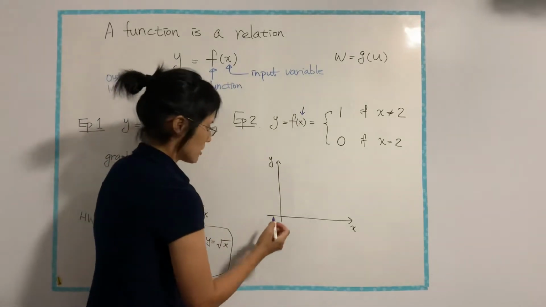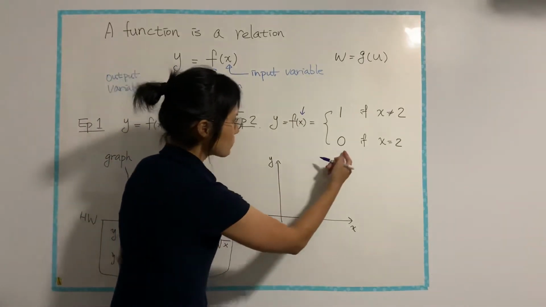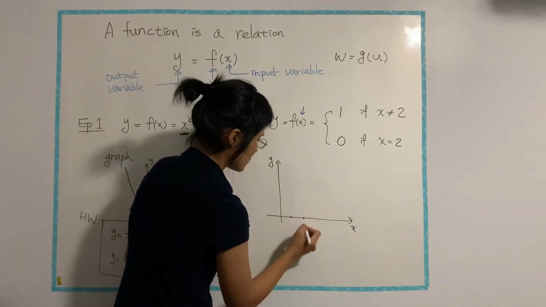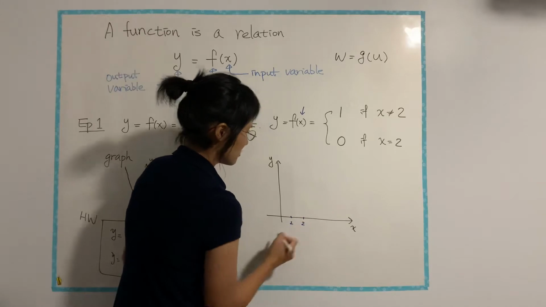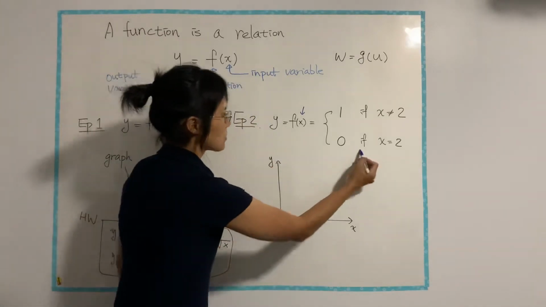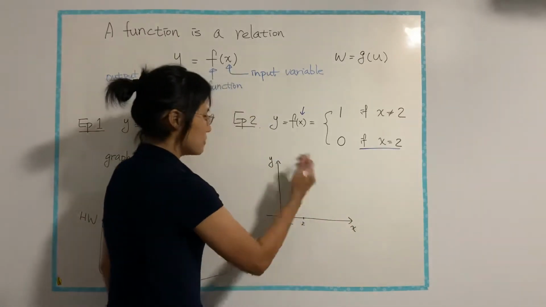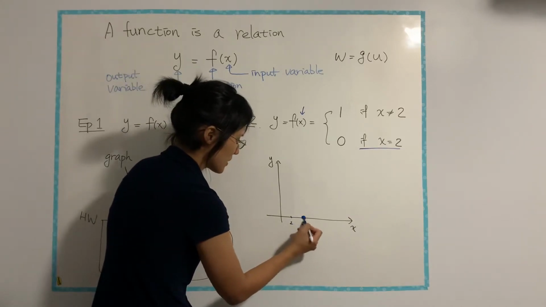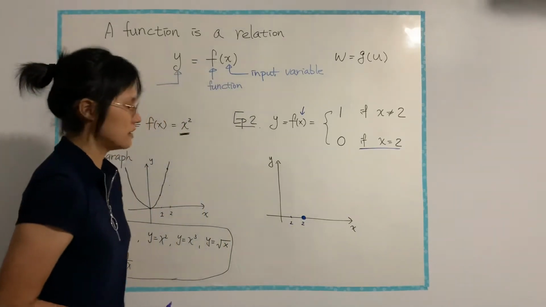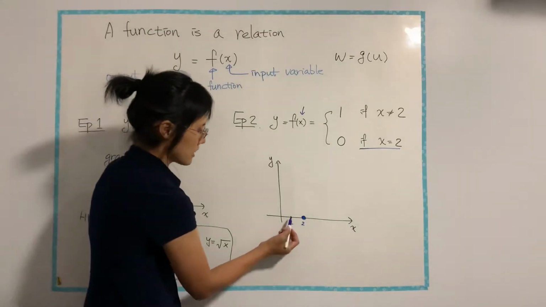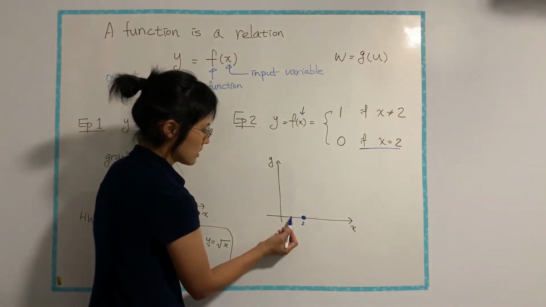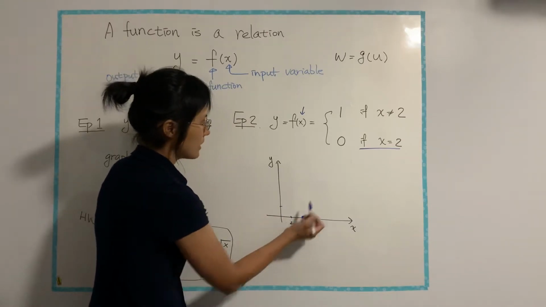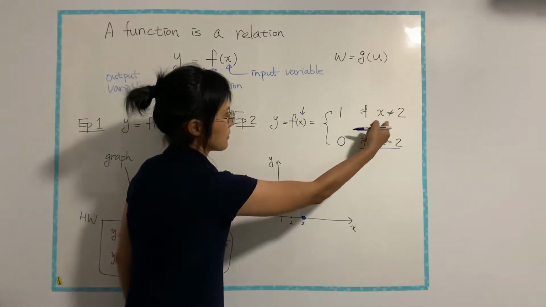Okay, so let's see. We know that when x equals 2, 1, 2, 2 is here. When x equals 2, the output value is 0, so we draw a big solid dot there. And let's look at other examples. Let's say when x equals 1, then 1 is different from 2, right?